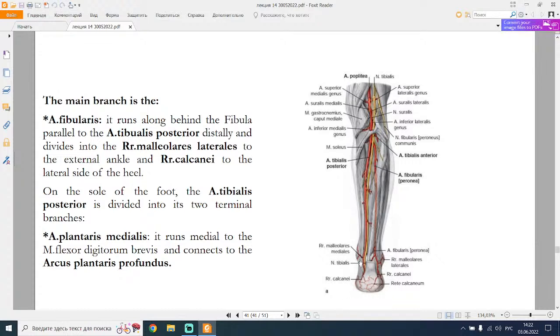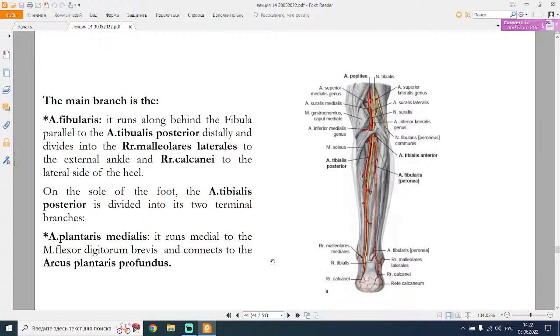Rami calcanei from the arteria tibialis posterior and rami calcanei lateral are branches of arteria fibularis.